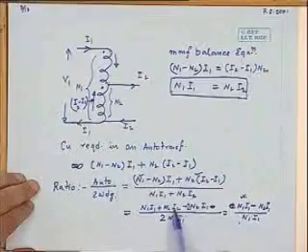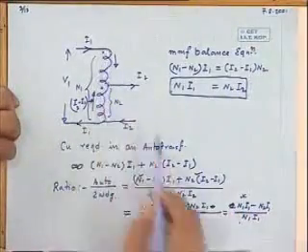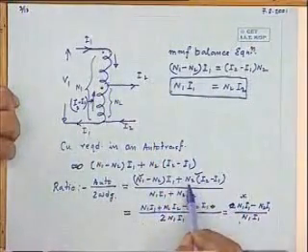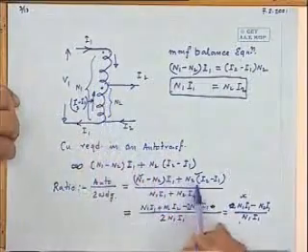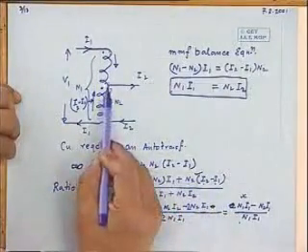But the essence of this should not be confused. When I say an auto transformer and I calculate the copper required, this definitely means that the copper required for this portion is N2 into I2 minus I1.